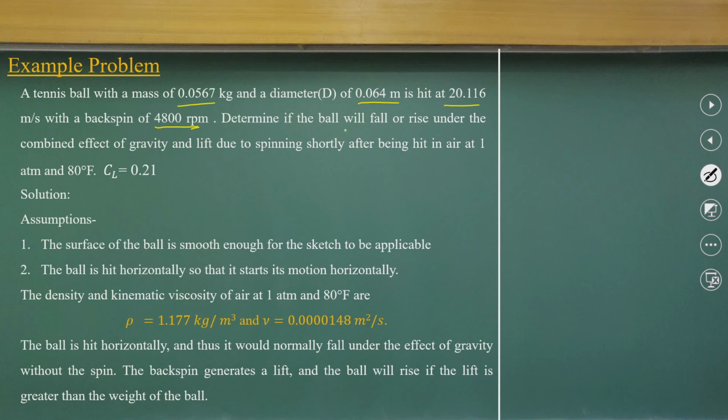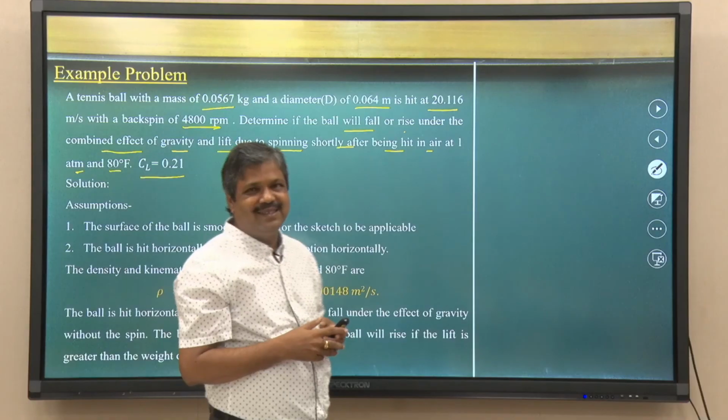Determine if the ball will fall or rise under the combined effect of gravity and the lift from spinning, shortly after being hit, in air at 1 atmospheric pressure and 80° Fahrenheit. Okay. And C L is given to us. The coefficient of lift is given to us.